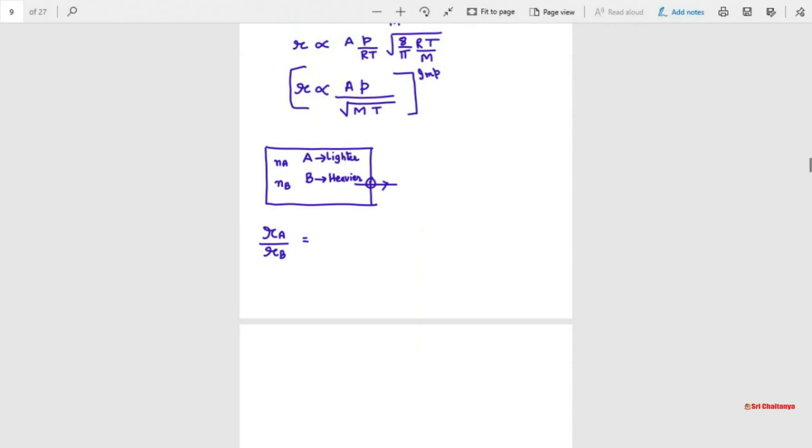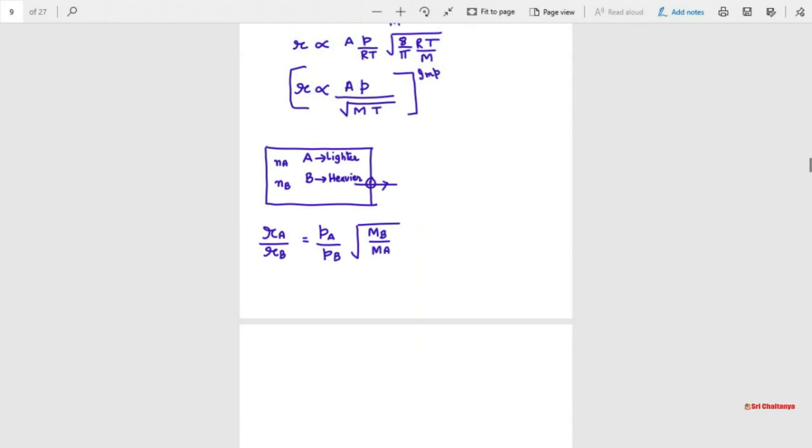The temperature of this container will be the same for both gases, so temperature will not come. So rate of diffusion of gas A upon rate of diffusion of gas B is equal to partial pressure of gas A upon partial pressure of gas B, times the square root of molar mass of gas B upon molar mass of gas A, right?